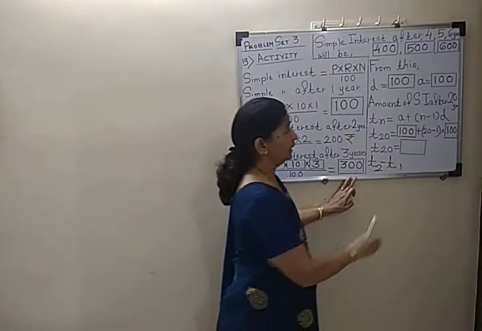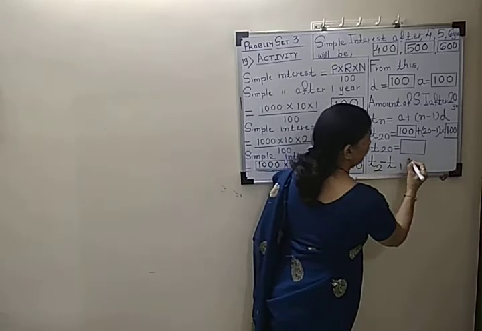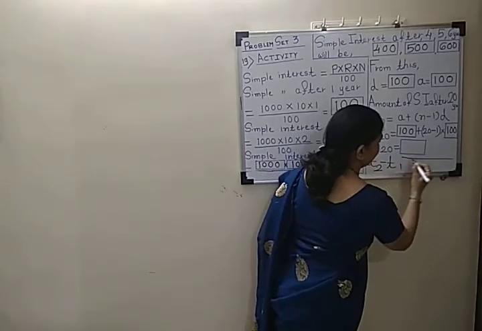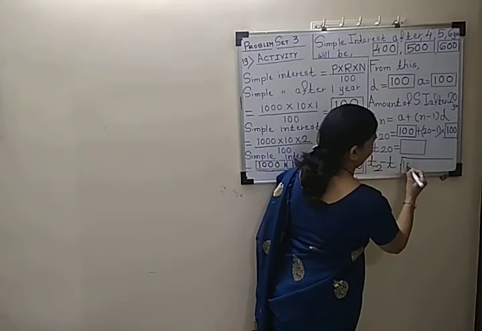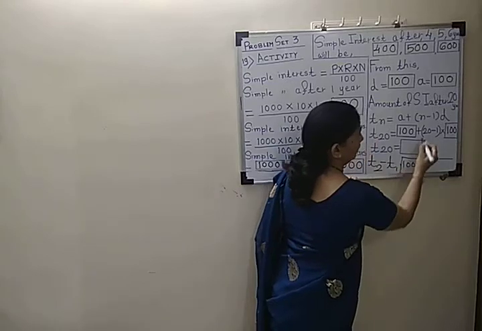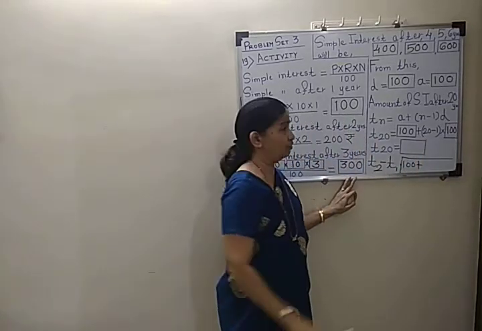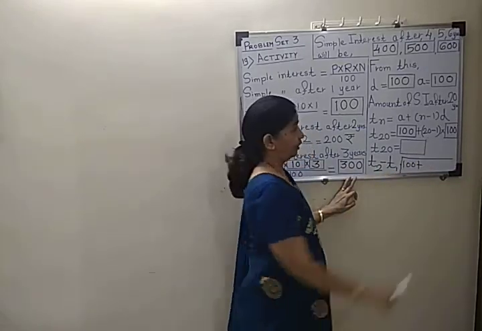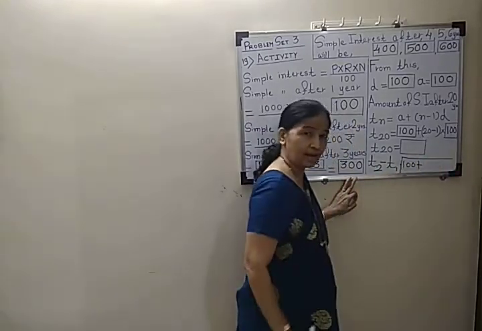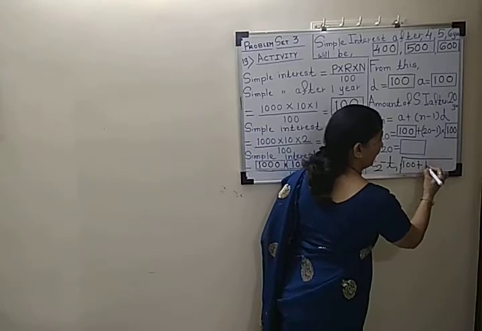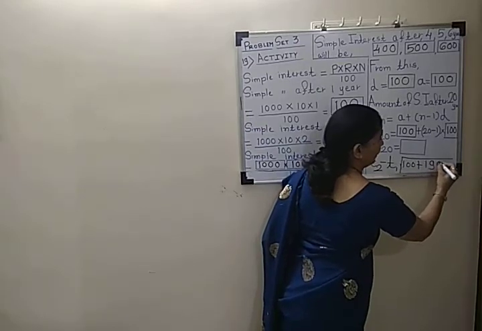Now calculate it. Here it will come as 100 plus 20 minus 1 will come as 19. 19 hundreds will come as 1900.